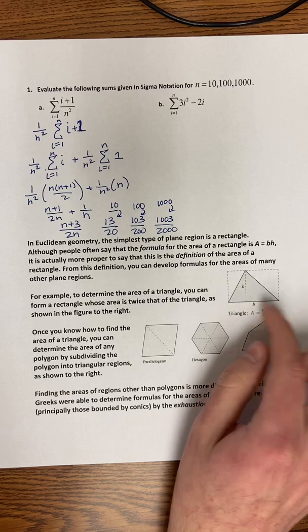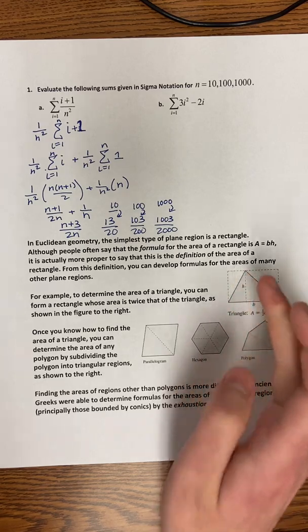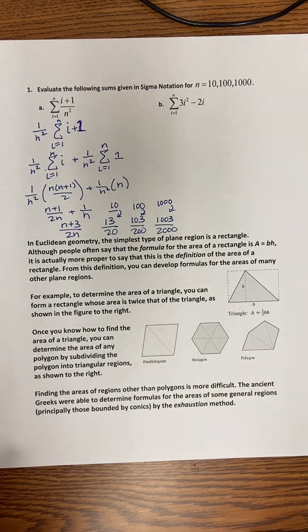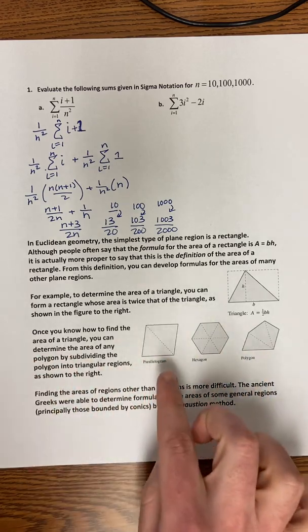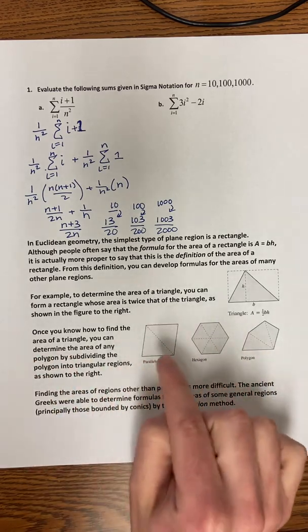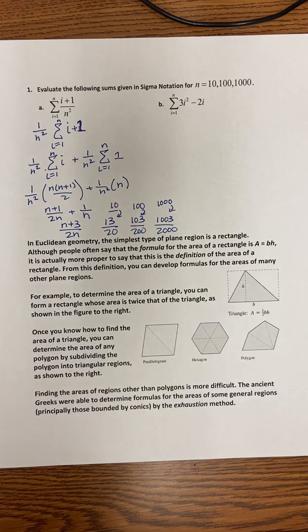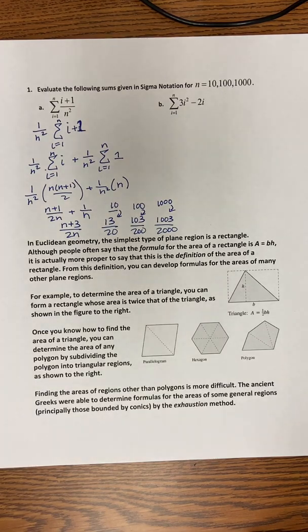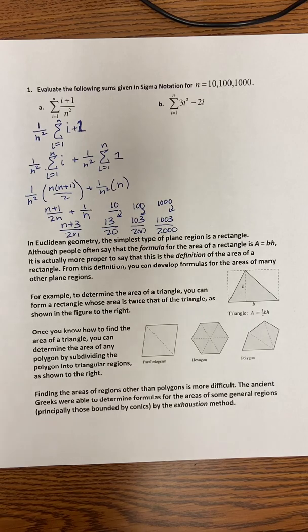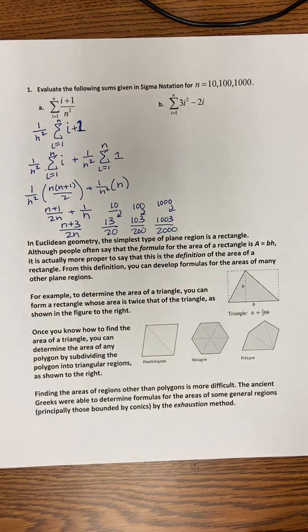For example, the triangle, you could find a triangle to be half of a rectangle, which is how that one came to be. And once you know triangles, you could break up many shapes into combinations of triangles to develop the area formulas for each of those. Now, for regions that aren't polygons, that don't have a certain number of sides, it's slightly more difficult to establish.